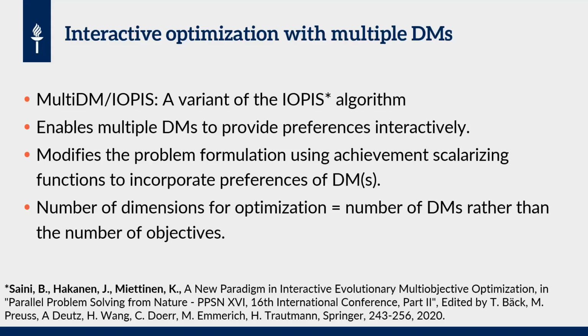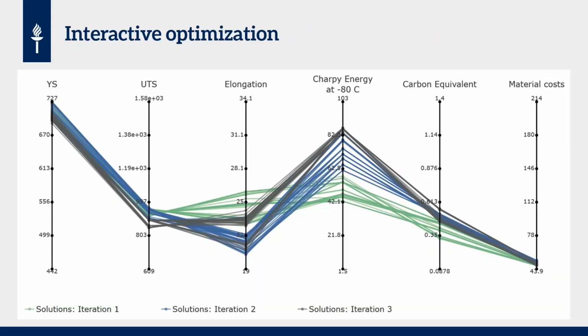And that is not unexpected. With interactive algorithms, we are only focusing on a much smaller region of objective space. And in this particular case, even though the problem is 6-dimensional, the optimizer, the evolutionary algorithm, only saw 2 dimensions. So it was a much easier problem to solve for the evolutionary algorithm. And for us, that meant that we were able to find much better solutions much faster.